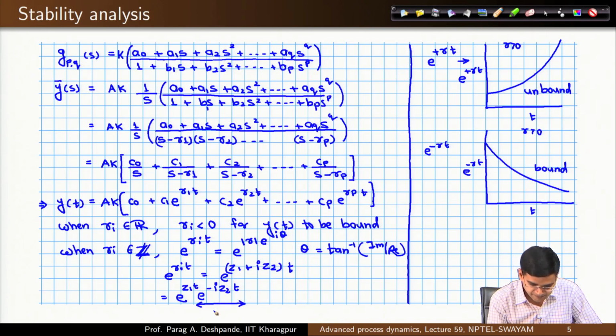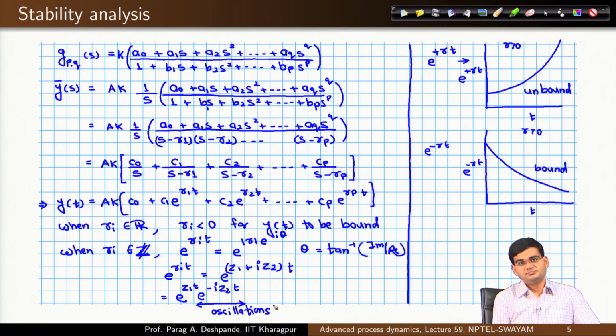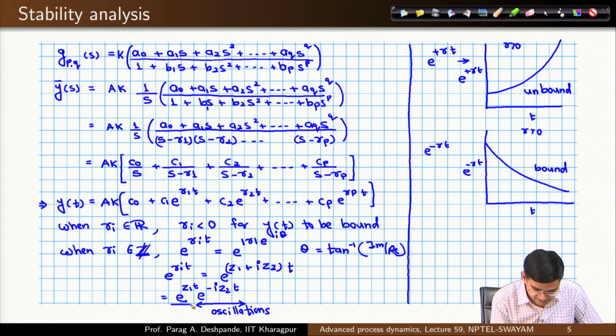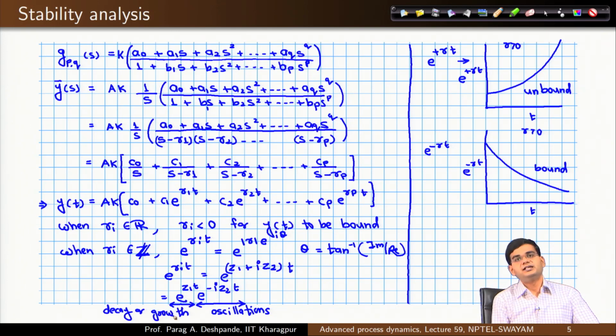will give you oscillations to your system, because those can be converted to sines and cosines, and this will give you decay or growth depending upon z 1.